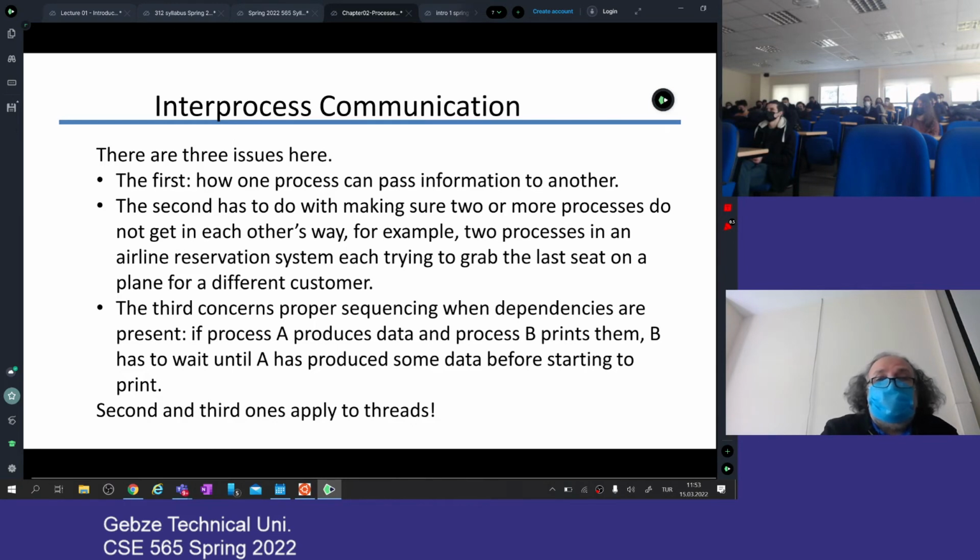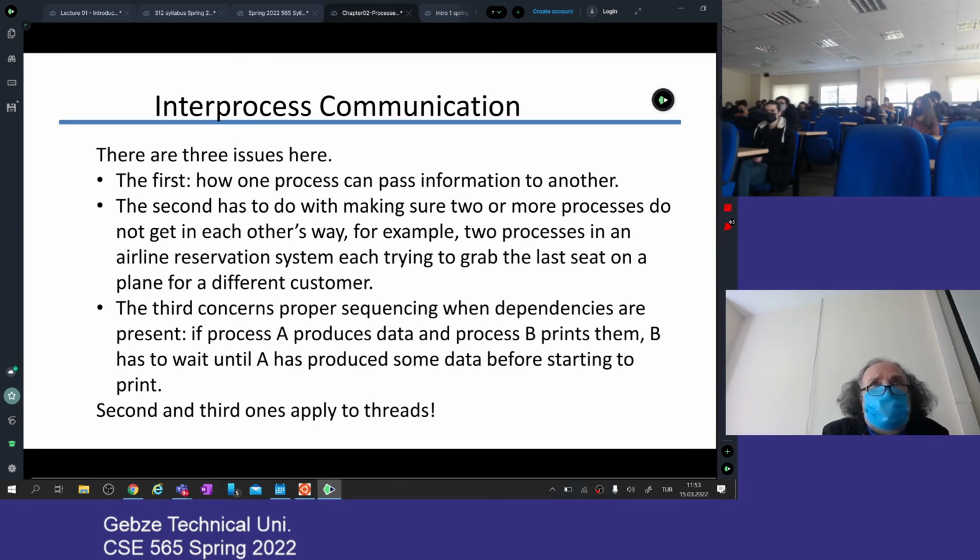The second issue about interprocess communication is that while I am modifying the same shared position, I should not get in others' way. What do I mean by this?